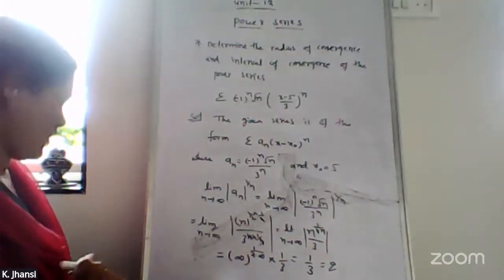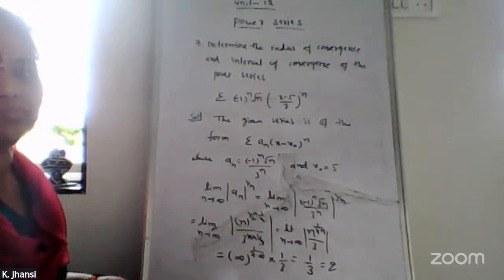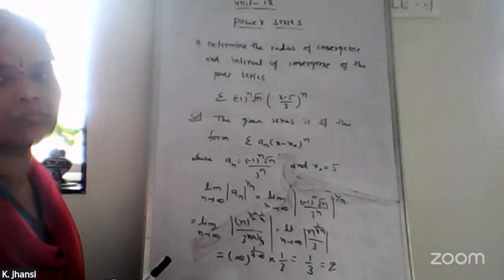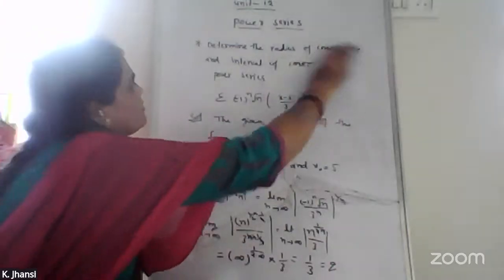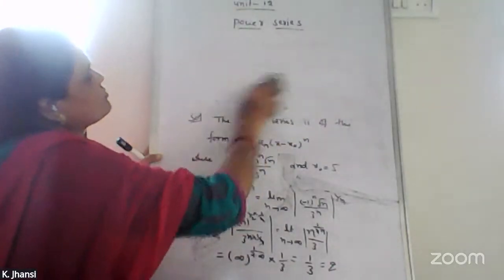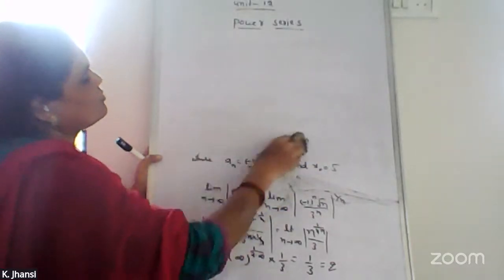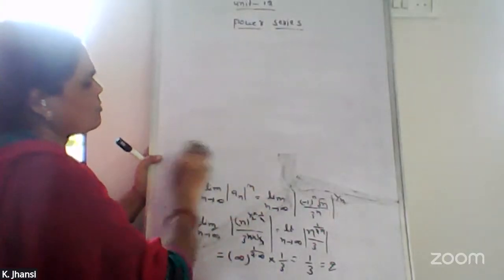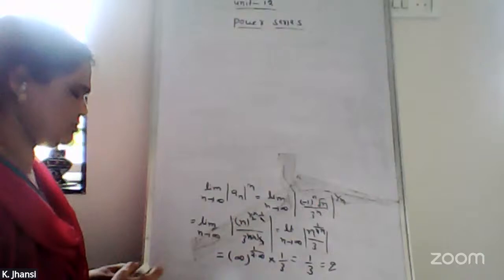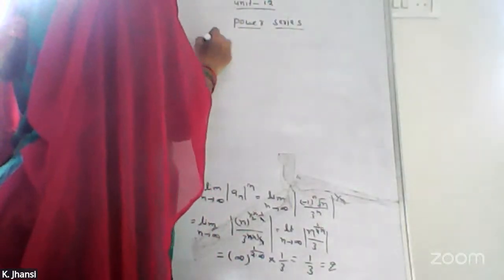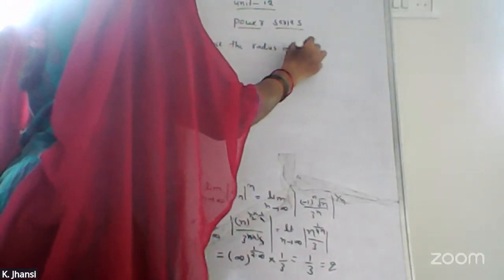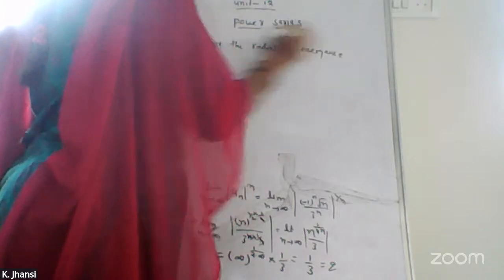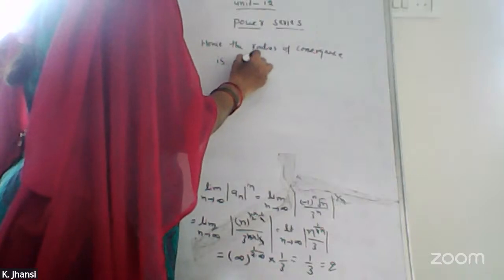So the radius of convergence is r equals to 1 by q.